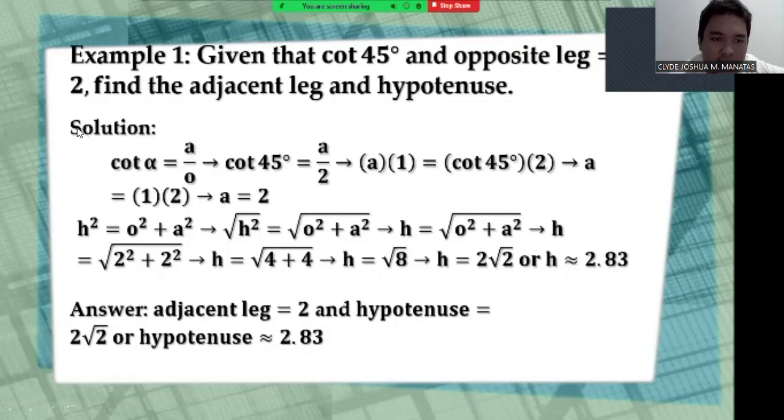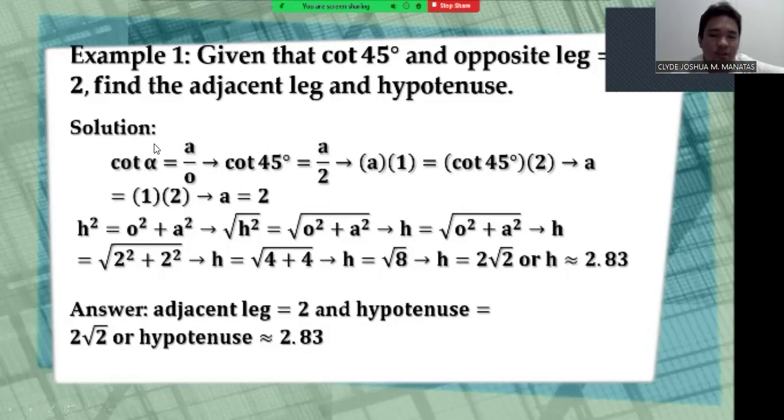Now let's substitute everything. The opposite is 2, so 2 squared, plus the adjacent leg is 2 also, so 2 squared. So hypotenuse is equal to the square root of 4 plus 4, which is 8. The square root of 8 is 2 square root of 2, or approximately 2.83.